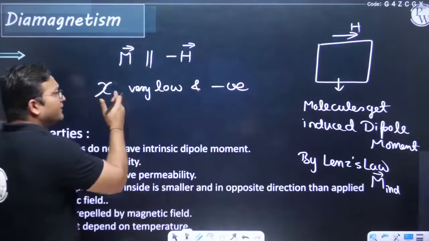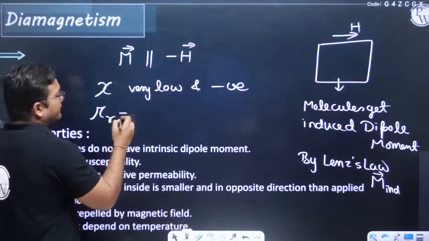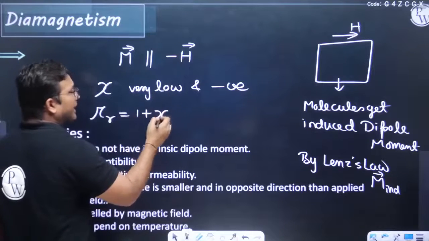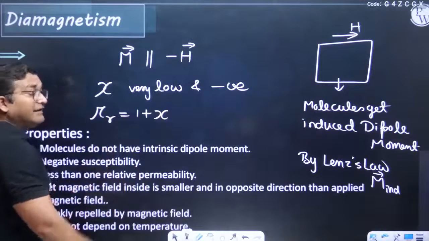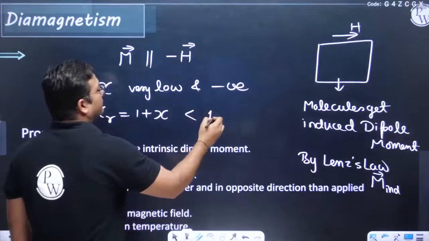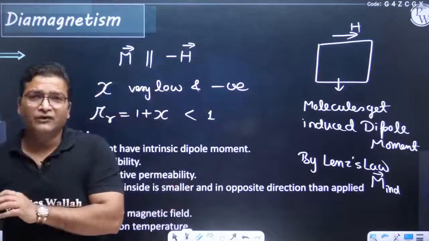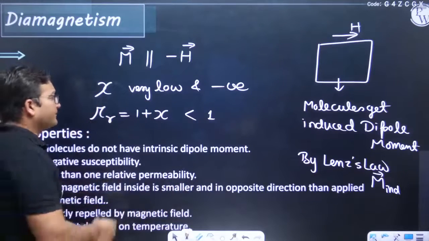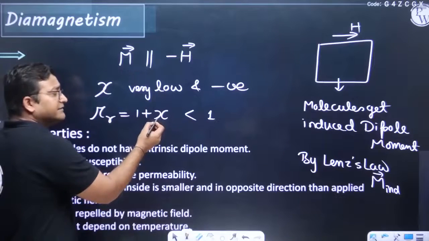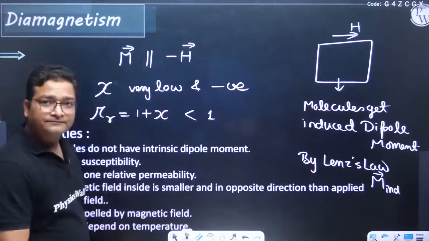If susceptibility is very low and negative, as the relative permeability is equal to 1 plus chi, and chi is less than 0, we have mu r less than 1, but only very little less than 1. For all practical purposes, as chi is very small, mu r is approximately equal to 1.